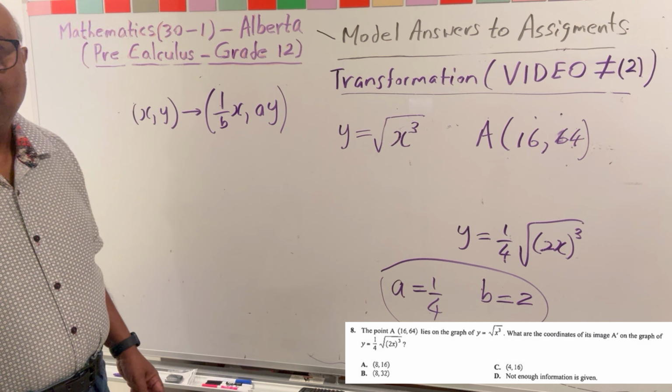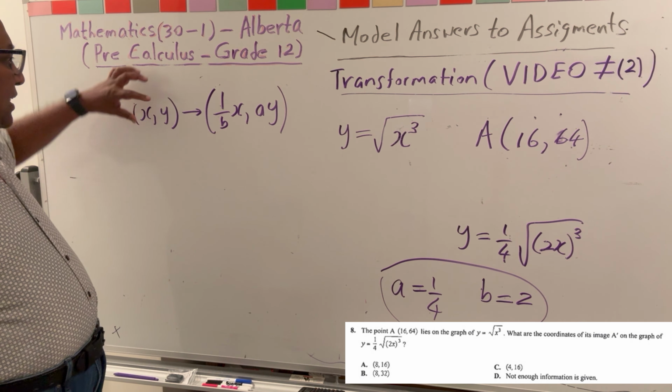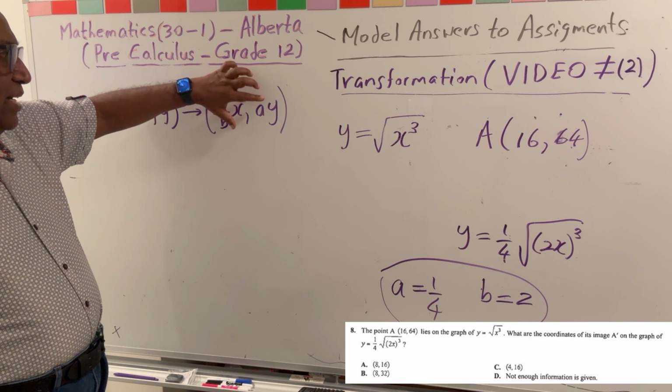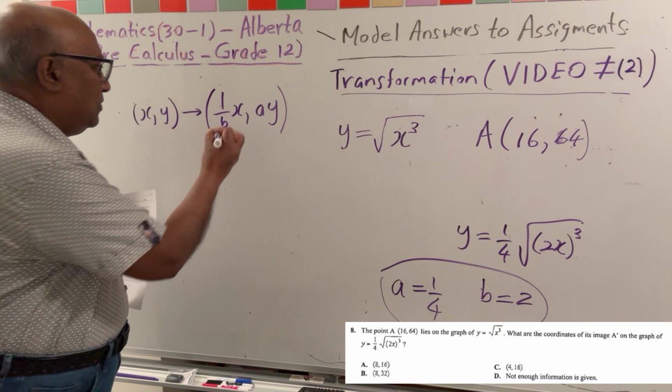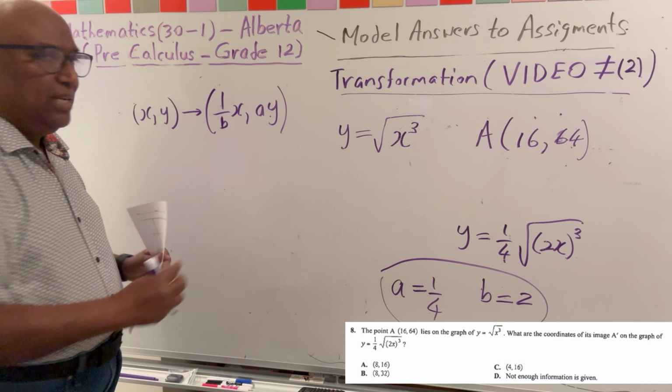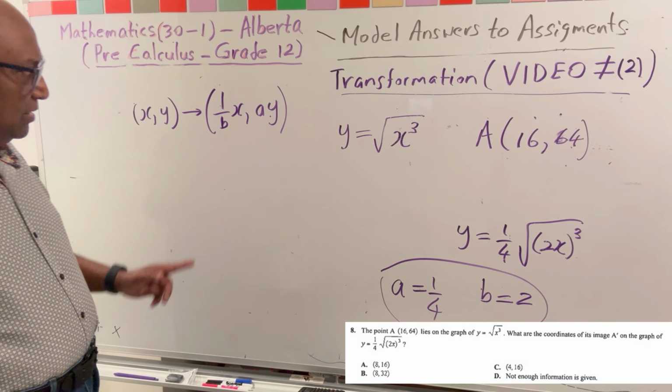This is an image notation or mapping notation. Xy is the original coordinate. This is the coordinate of the image function. X will become 1 by bx. Y will become ay. Because the other two parameters, h and k, are not applicable here.